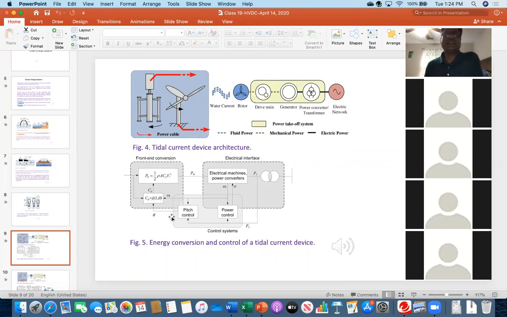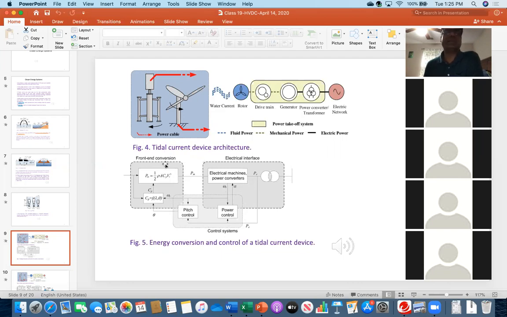And then you need not be much worried about the inside control of that tidal current. It is capturing energy, half rho A Cp V cube, very similar to wind energy. And Cp is a function of lambda and theta. There is some sort of pitch control device, then a power control device, and then finally it is connected.